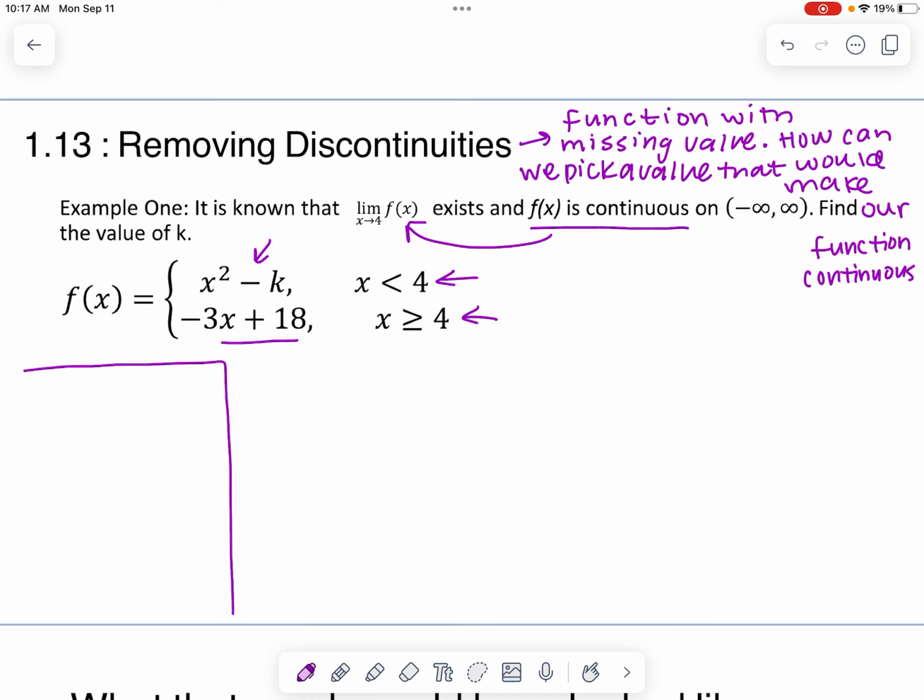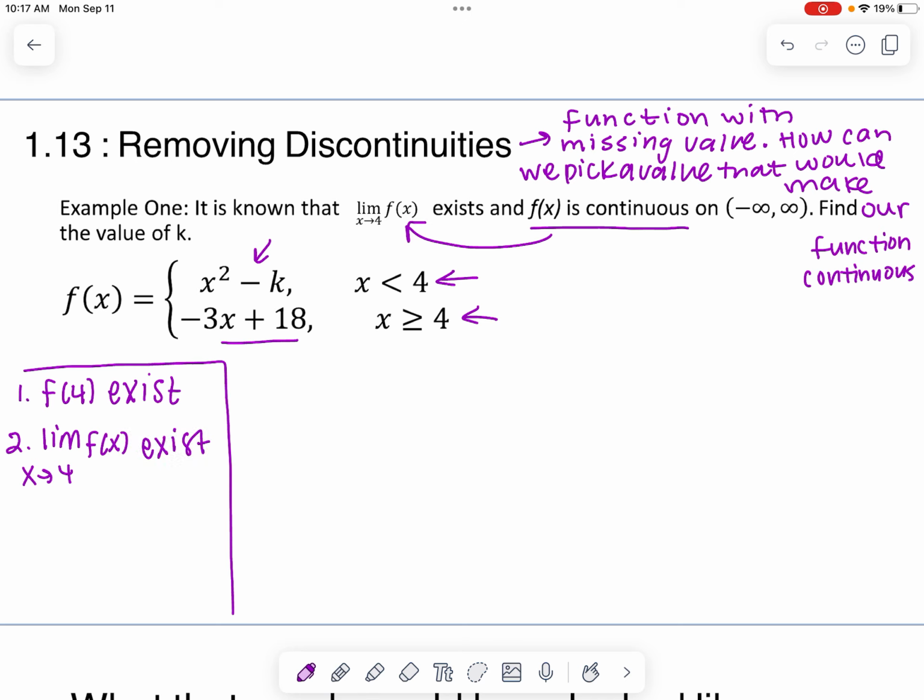So if it were to be continuous at 4, these 3 things would have to be true. F of 4 would need to exist. The limit as x approaches 4 of f of x needs to exist, which we know it actually does exist because this problem tells us it does.